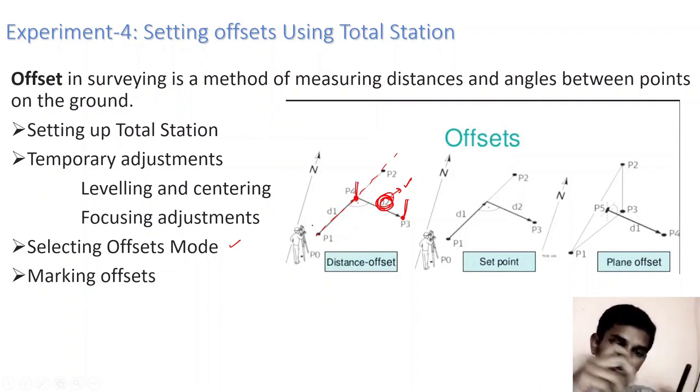Using the horizontal tangent screws, we'll be bisecting the prism, right?